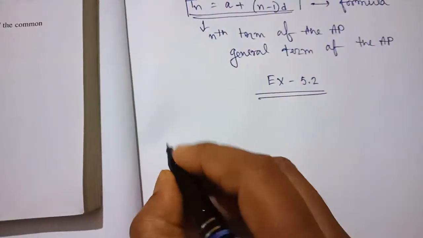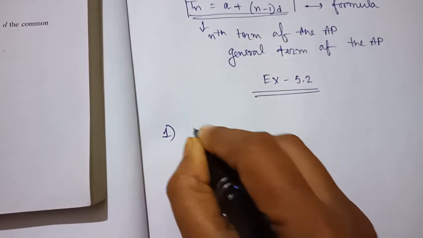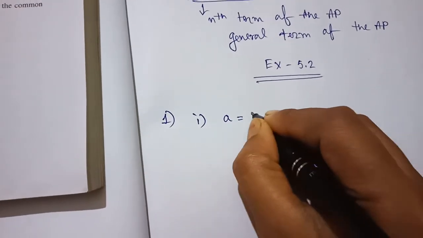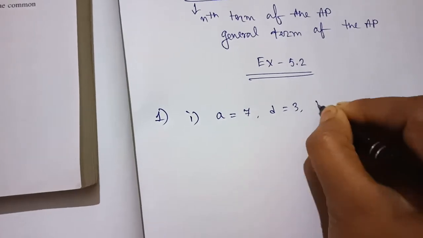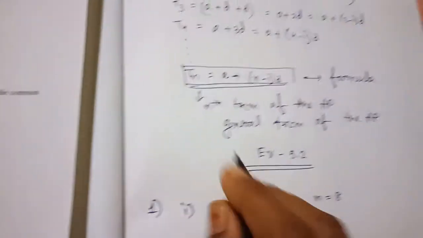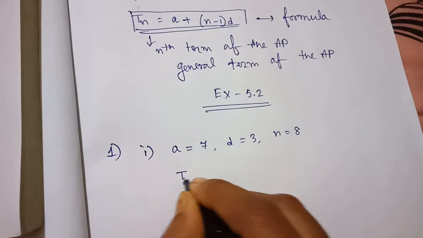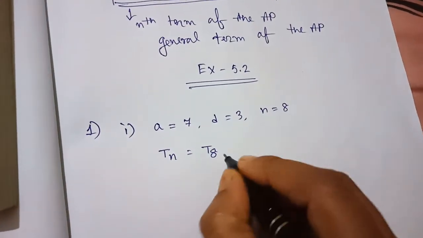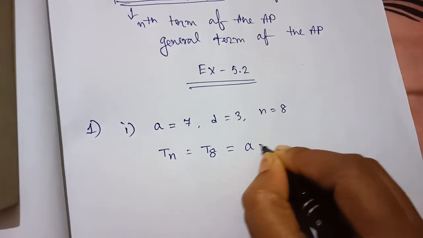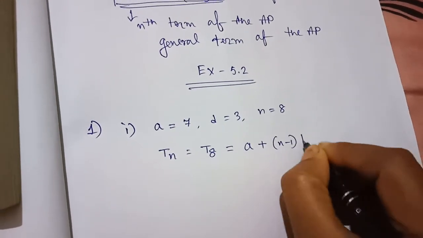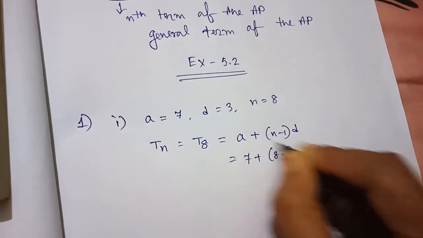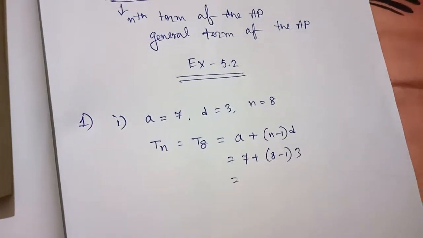So how will I do it? Look at the procedure of the answer. Question number 1, what is given? We will write the given parts first. A equals 7, D equals 3, N equals 8. We will apply the formula Tn, which here is T8 because N's value is 8, so it equals A plus n minus 1 into D. A's value is 7, N is 8, and D is 3.